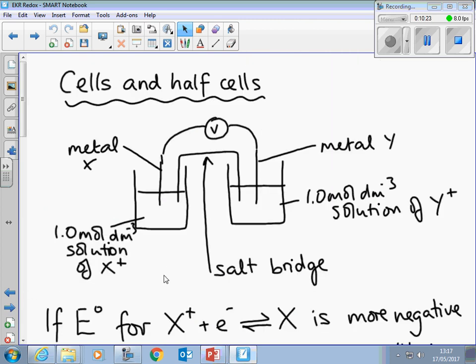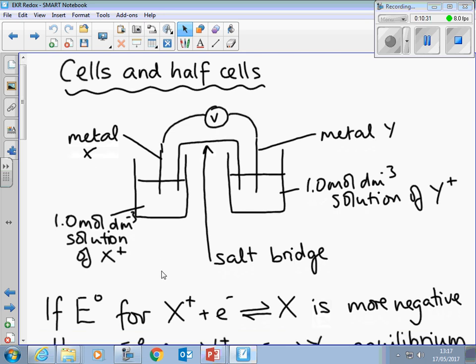And then, was this yesterday? Must have been, I think. We started joining it all up, joining up half cells to make whole cells, where we've got two metals in solutions of their ions, connected by a voltmeter, but with a salt bridge allowing movement of electrons to complete the circuit in between them.